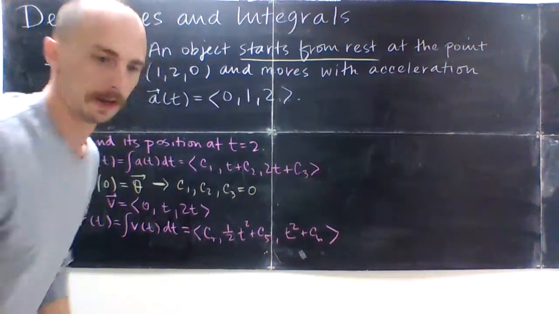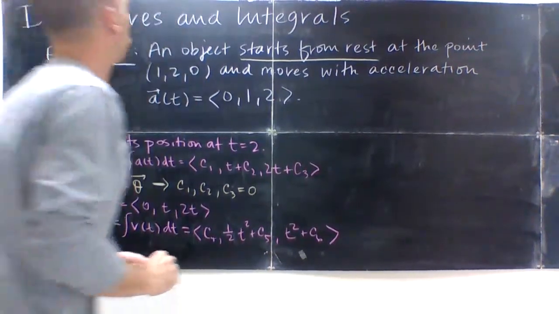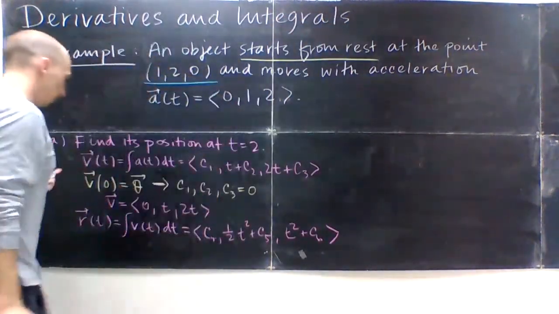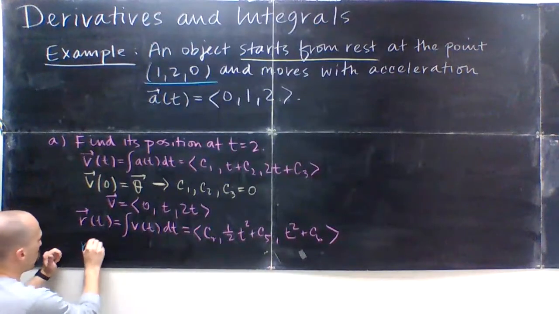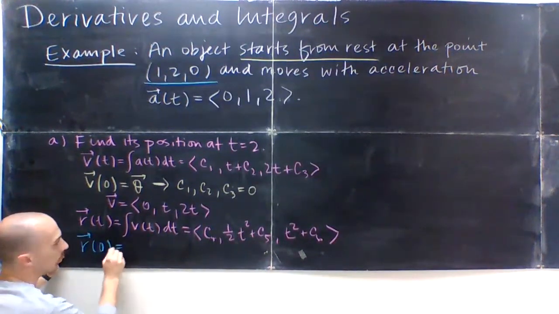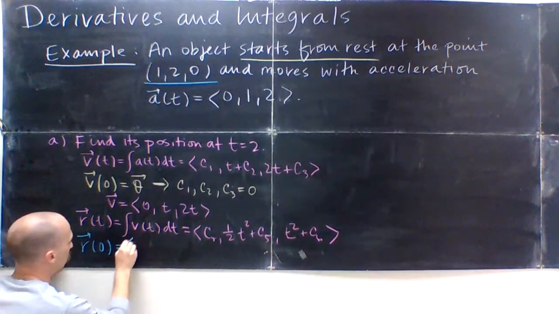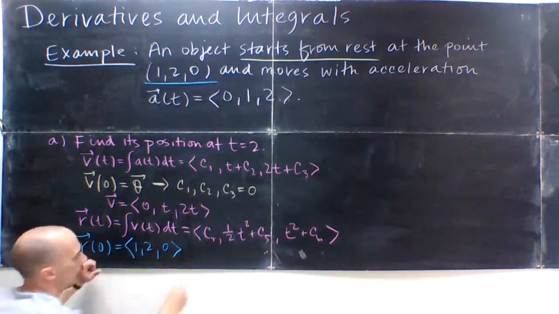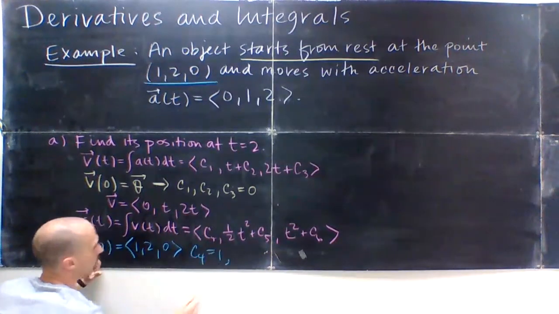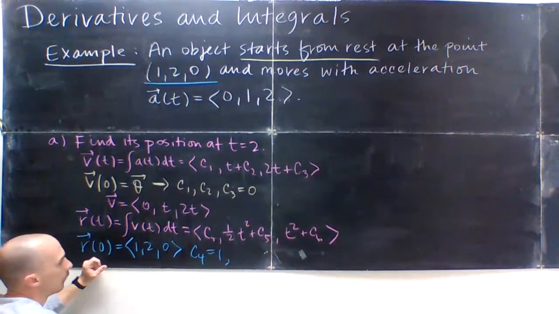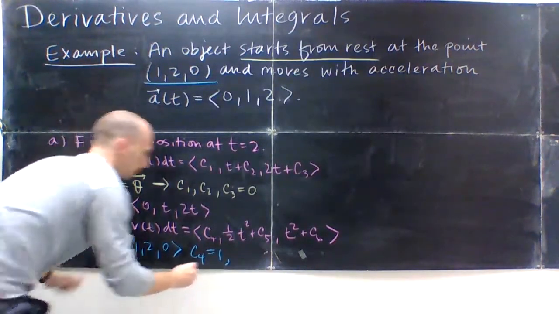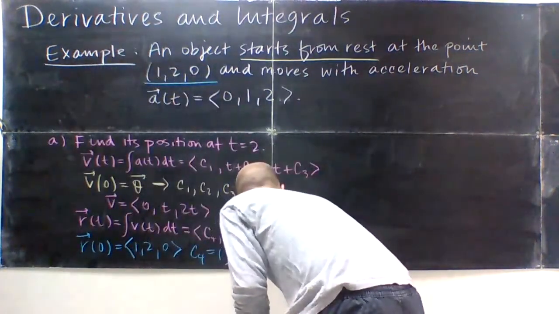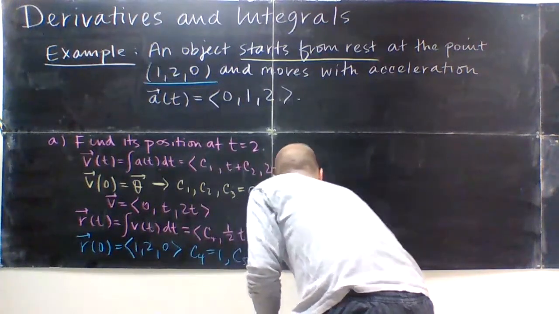Okay. They told me also that it started at the point (1, 2, 0). So I'm going to say that r of 0 is equal to (1, 2, 0). So that's telling me that c4 is 1, c5 is going to be 2, and c6 is 0.